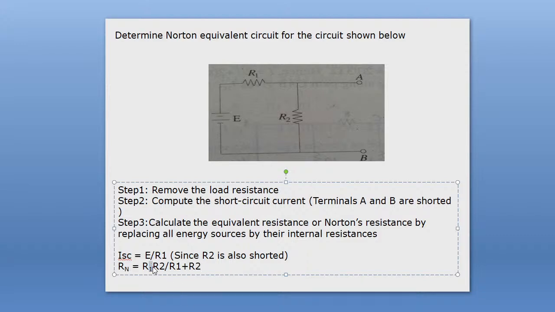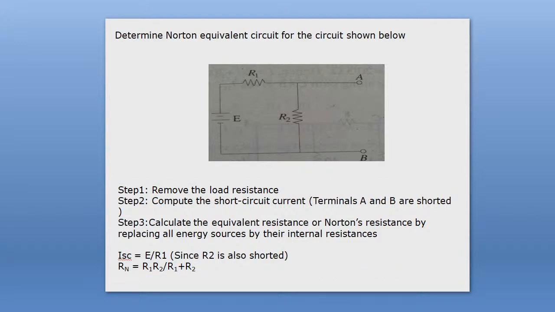So therefore we can say that the Norton resistance is the ratio of the product of resistance R1 and R2 and the sum of resistance R1 and R2.